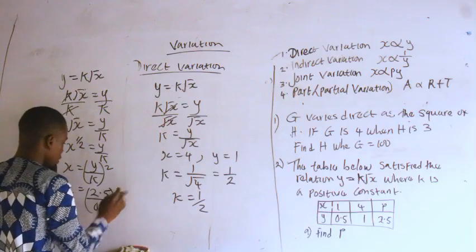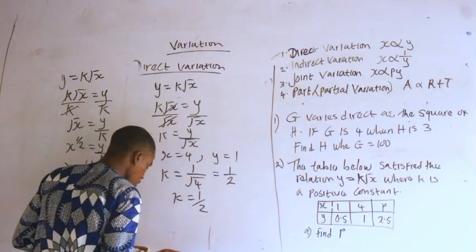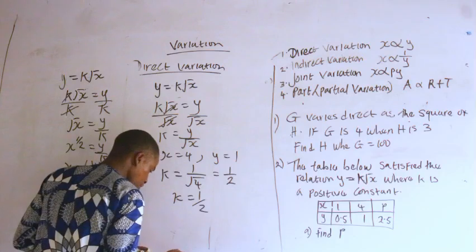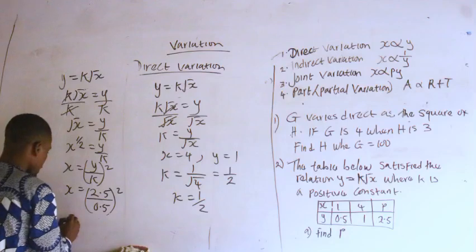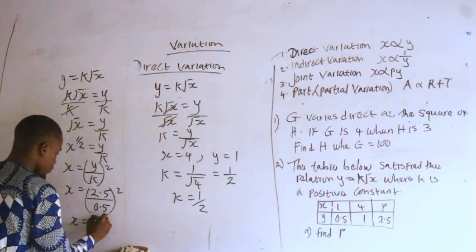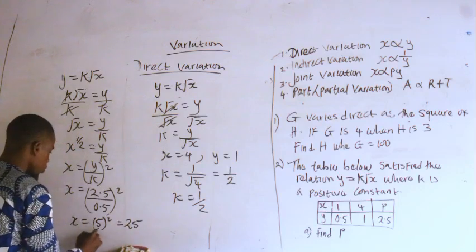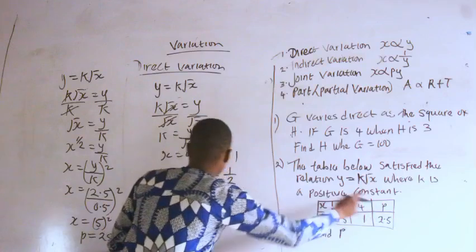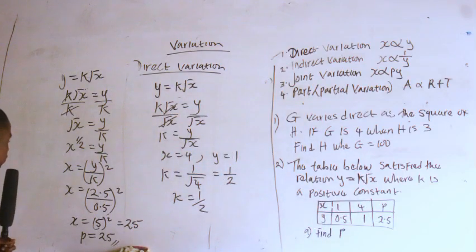And square it. Divide it, it will now be 2.5 divided by 0.5. Answer is 5. x equals 5 squared, which equals 25. My p equals 25. That's the answer. The answer of this place is 25. Very, very simple as A, B, C.